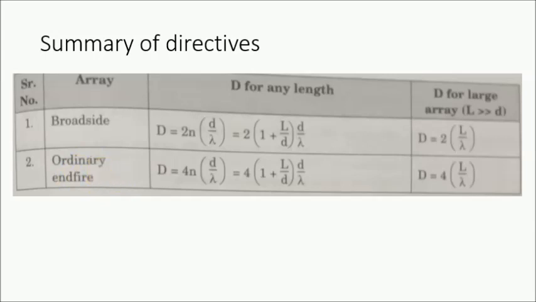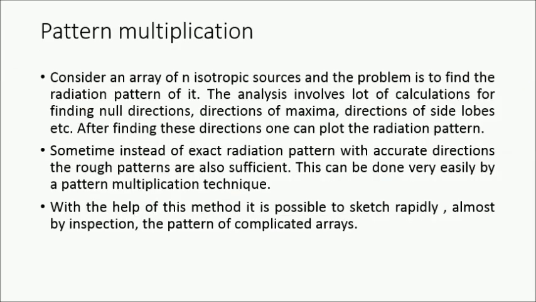Now we will consider pattern multiplication. If we have arrays of anisotropic sources and the problem is to find the radiation pattern, the analysis involves a lot of calculations, and we have to find the null directions, the direction of maxima, the direction of side lobes, etc. And after that we can plot the radiation pattern.